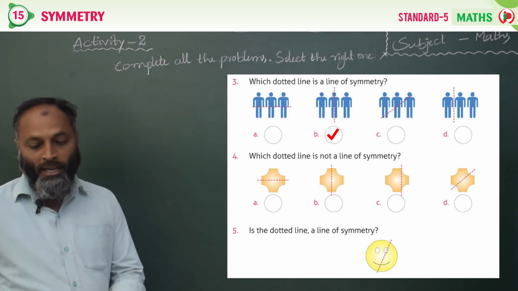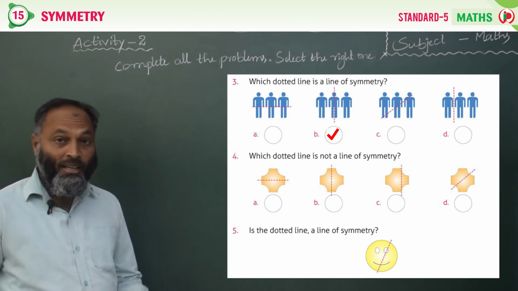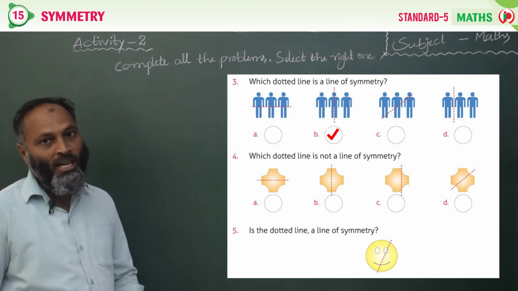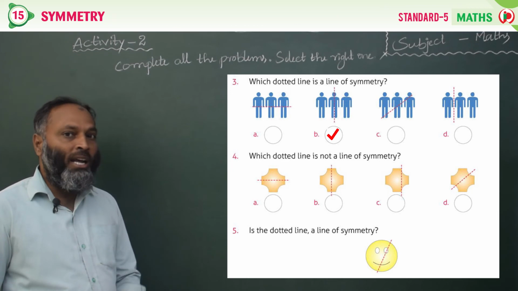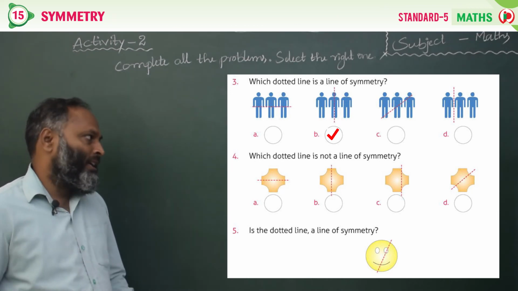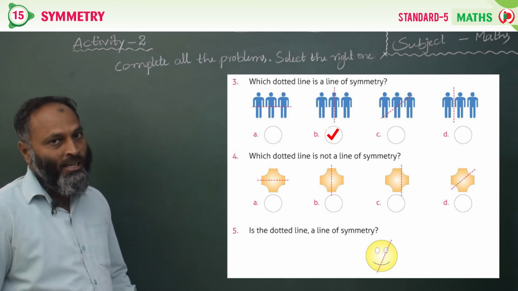Okay. The next one, the fourth one. Which dotted line is not a line of symmetry? Here he is asking not a line of symmetry. In the three questions, he asked line of symmetry, but here he is asking not a line of symmetry. In the first question, the horizontal line exactly divides into two identical shapes, that is a line of symmetry.